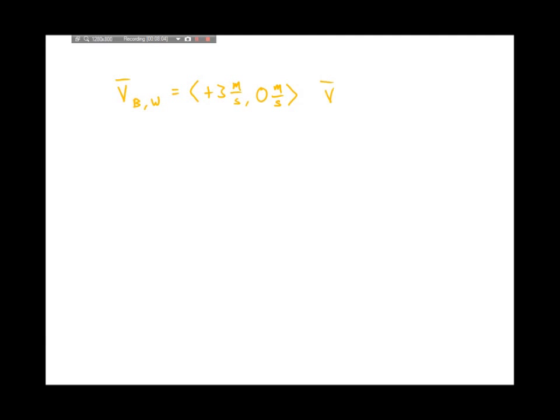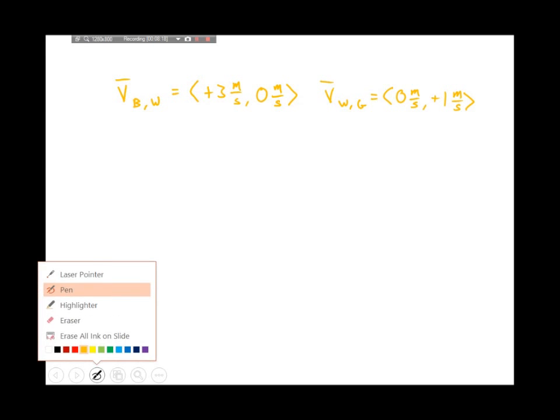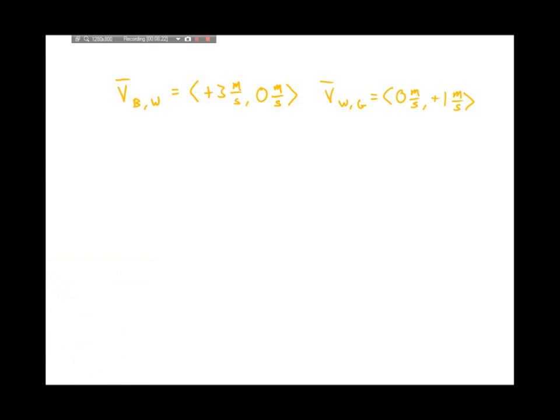And the velocity of the water with respect to the ground was 0 meters per second in the x direction and 1 meter per second in the y direction. If I just go ahead and draw a picture of this, we have the water moving in the y direction, so there's this water, moving in this direction up at 1 meter per second.